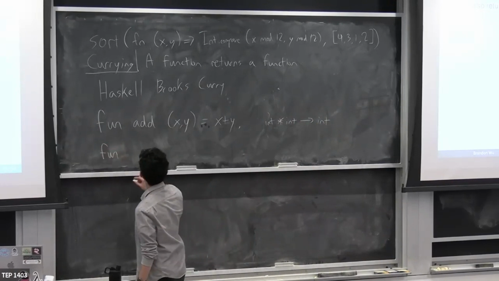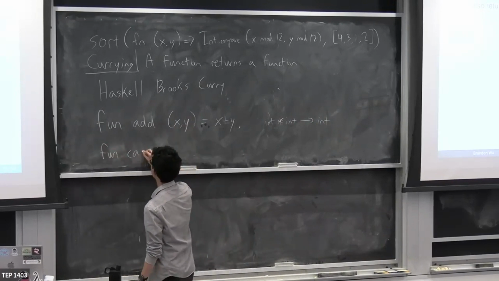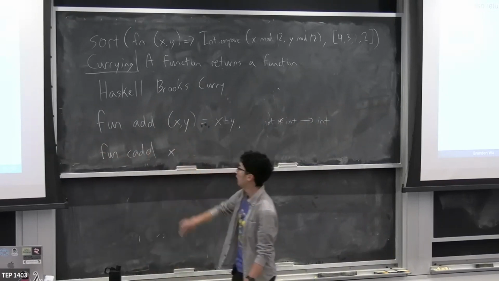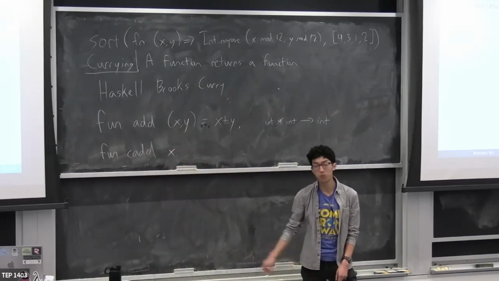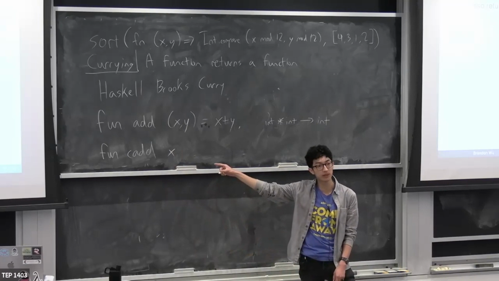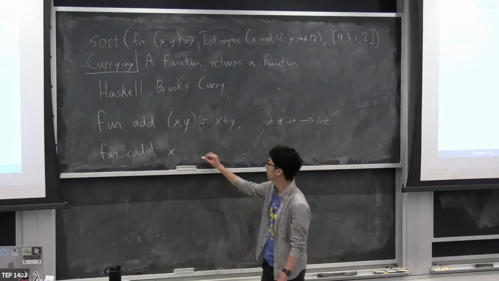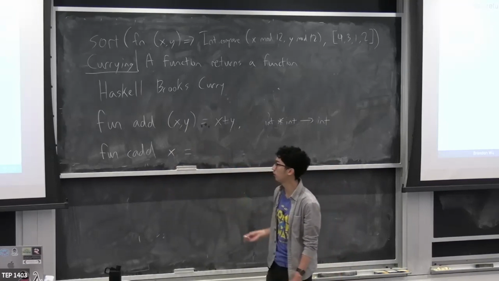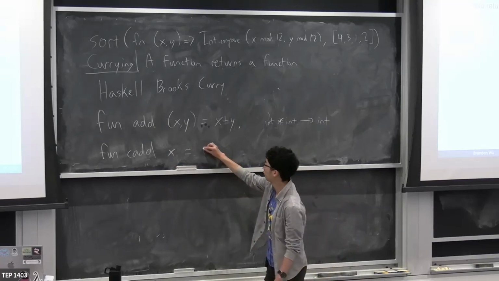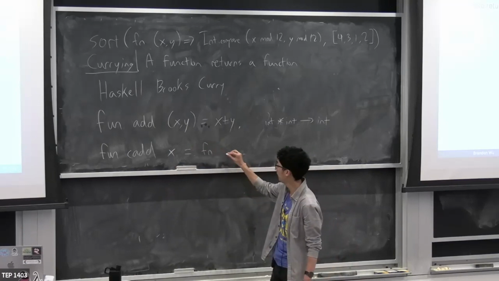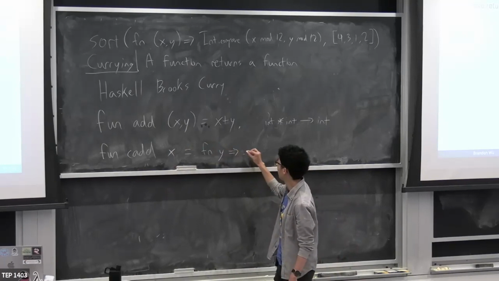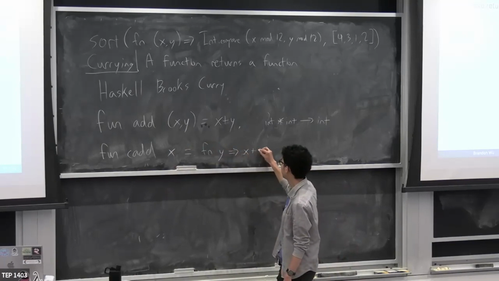I'm going to define a function which returns a function. It's going to be called cadd. And the idea is, once I've taken in one argument, which is my first integer to be summed, I'm going to immediately return to you a function. I'm going to return a lambda expression taking in y, which then evaluates to x plus y.